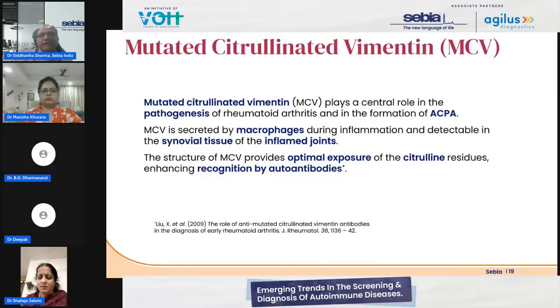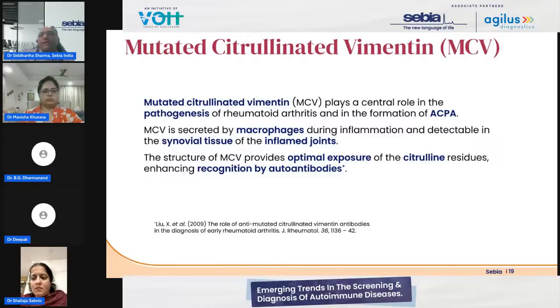This is secreted by macrophages during inflammation and is detectable in the synovial tissue of the inflamed joints. The structure of the MCV is such that it provides optimal exposure of the citrulline residues, enhancing the recognition by autoantibodies. It is good to know that citrullination is an important part of the etiopathogenesis of rheumatoid arthritis, which leads to generation of autoantibodies.